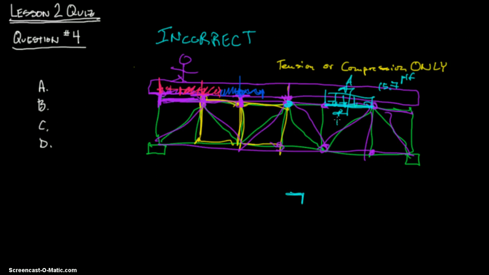Let's call it Section A. All right. Let's say it's a double angle, like so. And this will have dead weight. So theoretically, this is not being loaded only at the panel points. It's being loaded on every single one of these as a dead load.